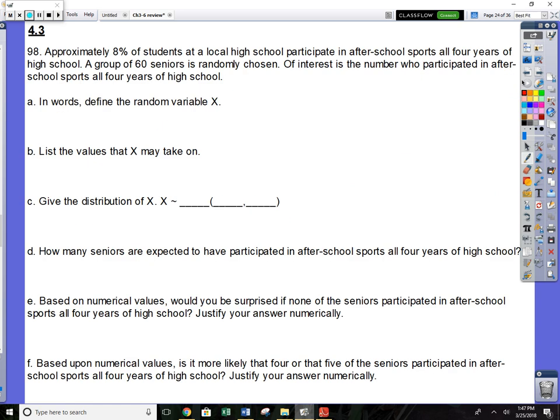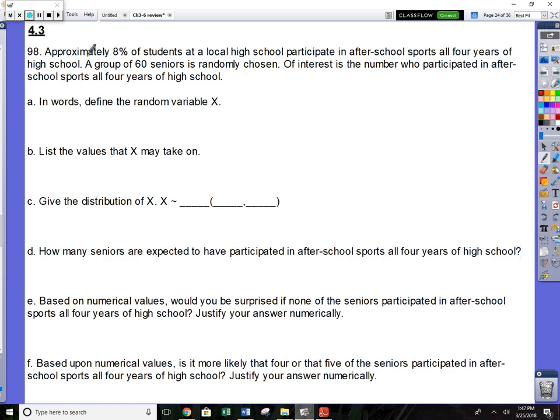Okay, let's look at problem number 98. You'll remember this one. Approximately 8% of students at a local high school participate in after-school sports all 4 years of high school. A group of 60 seniors is randomly chosen.